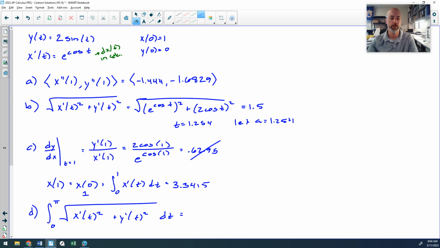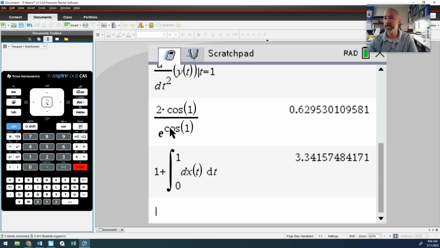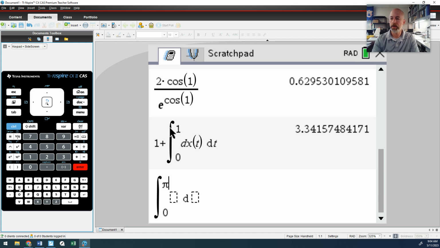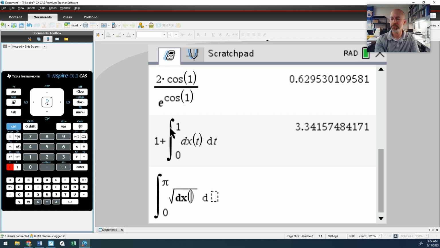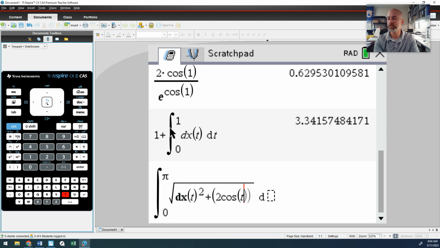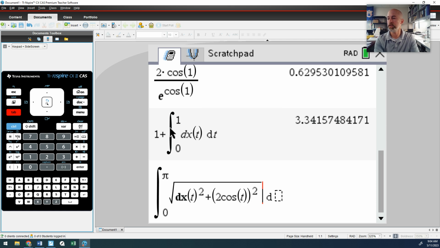You always should know to show the setup of your answers, especially on the calculator active questions. So that's 0 to pi of giant square root of dx of t squared plus dy, or y prime, which again is 2 cosine of t squared dt.